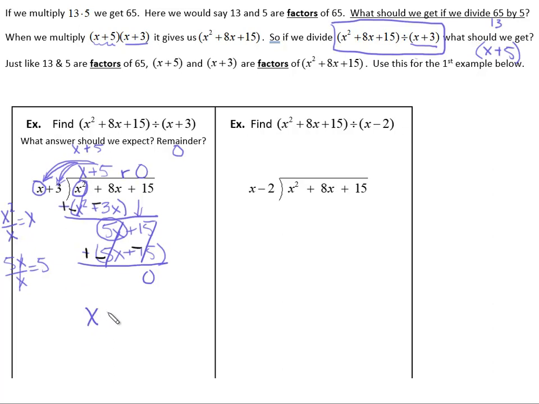So my answer is x plus 5 with no remainder. And that's what we're expecting, right? x plus 5 with the remainder of 0. If the remainder is 0, you don't need to do the plus the remainder over the divisor part. We can just say we got a nice perfect product, and it's x plus 5.